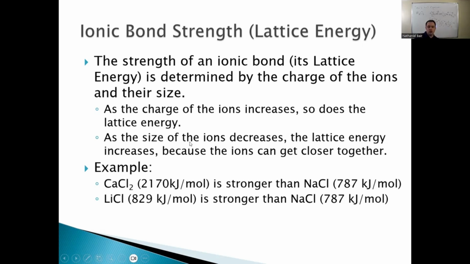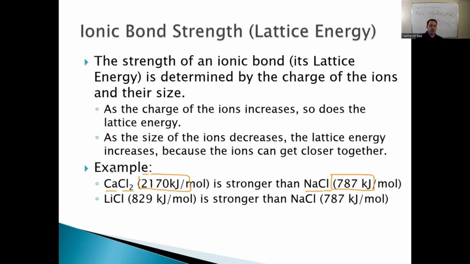Now, charge is way more important than size. The charge of the ions is way more important than size. But if it's a tie, like if both things have the same charge, then it will come down to size. For example, if we look at calcium chloride versus sodium chloride, calcium chloride has a much larger lattice energy, 2,170, than sodium chloride, 787.